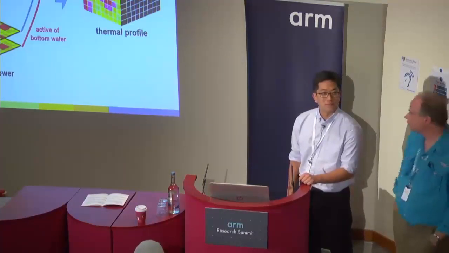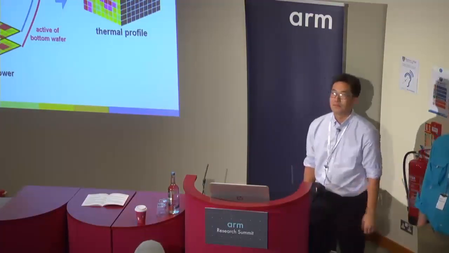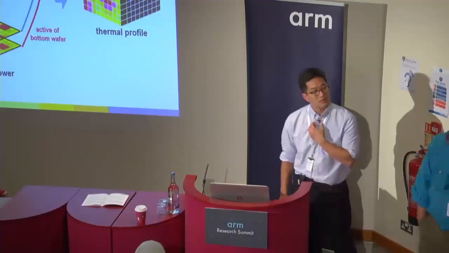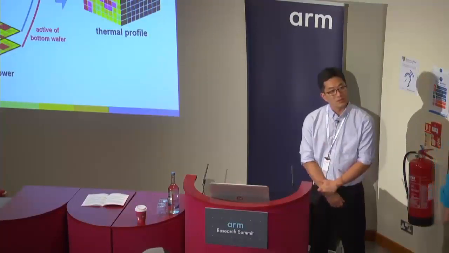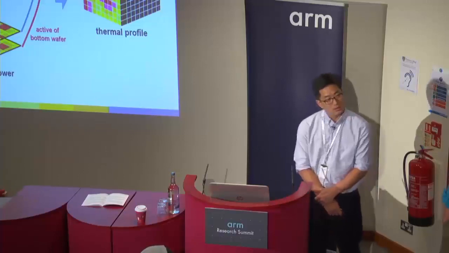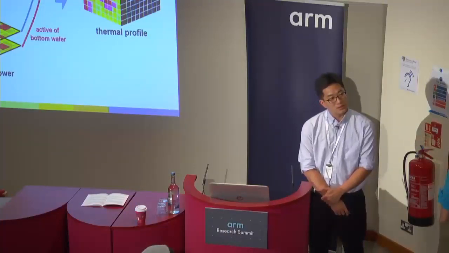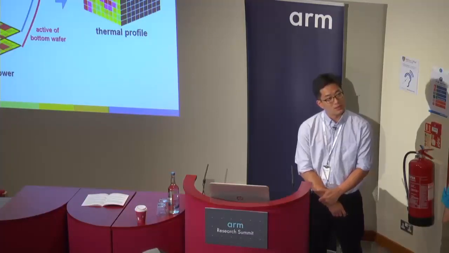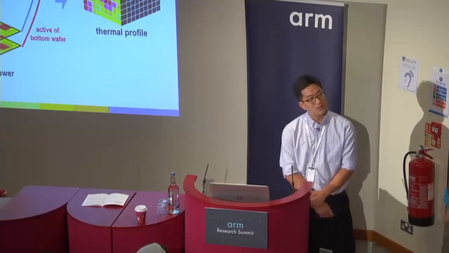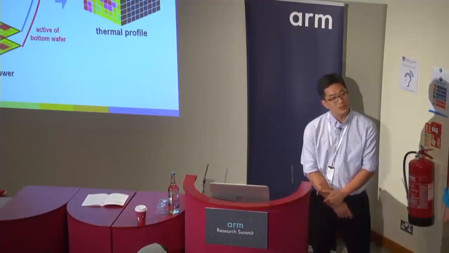Maybe one last question, a short question. Yeah. Just one remark. I do believe that going to 3D will help reduce total wire length, like you introduced in the first part of the talk, and then probably reduce the power contribution of this total wire length. So you compare 2D design with 3D, and I think that in the 3D design you should have power savings.